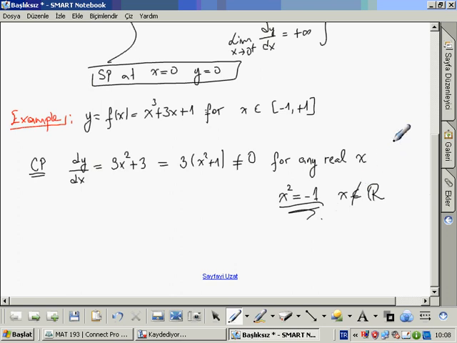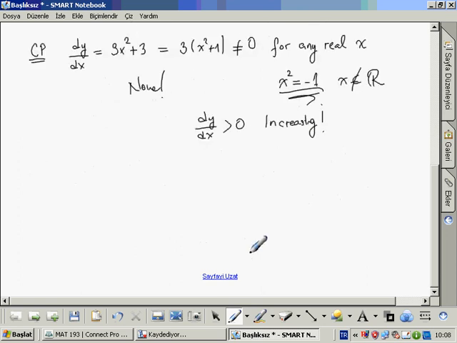So critical points: none. And we know that del y over del x is larger than 0, so we can say this function is an increasing function.